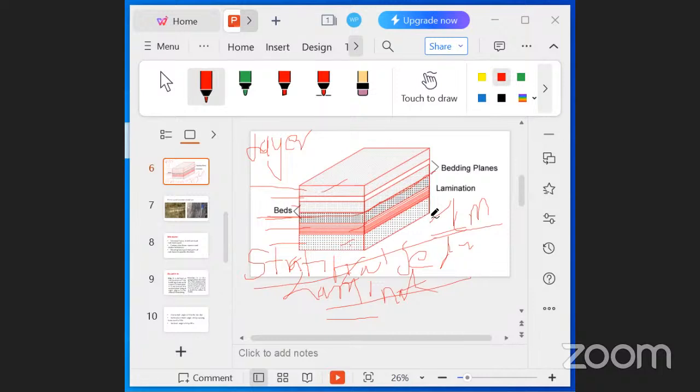Bedding planes are found in sedimentary rocks only. But layers are developed in volcanic rocks, those are called igneous rocks. Remember this.